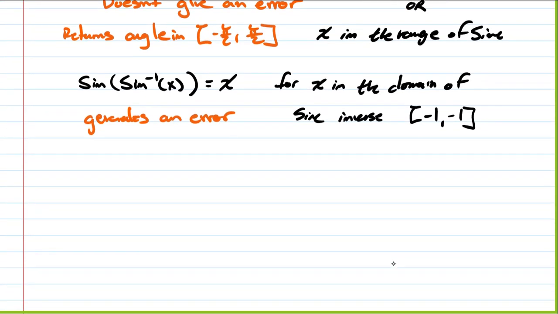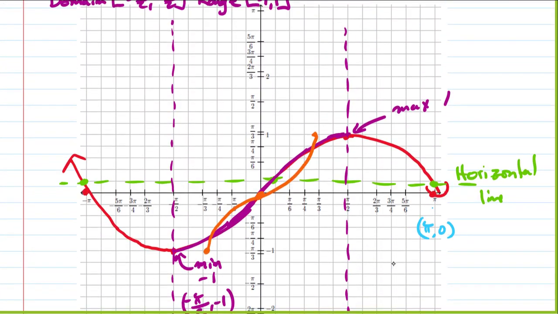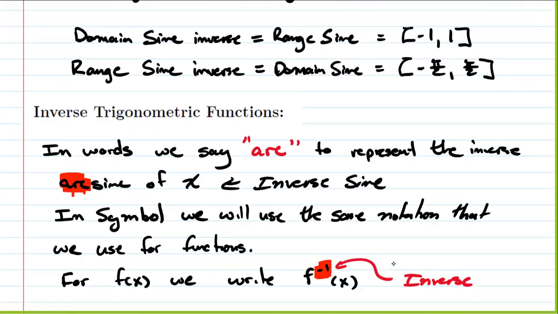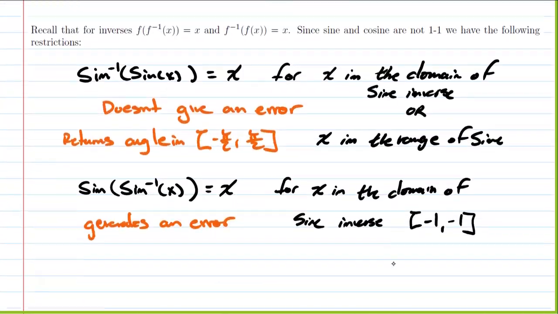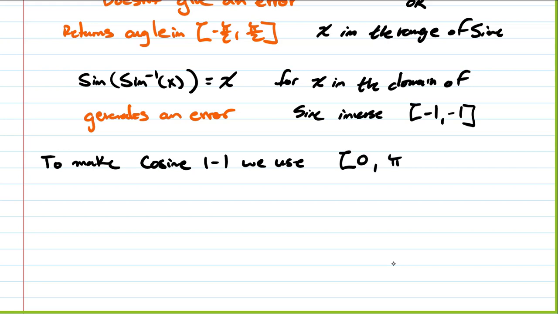Okay, so it turns out for cosine, we didn't draw the graph, but we don't restrict cosine to the same -pi/2 to pi/2. To make cosine one-to-one, we use the interval 0 to pi, so that's its domain, and its range is still negative 1 to 1.